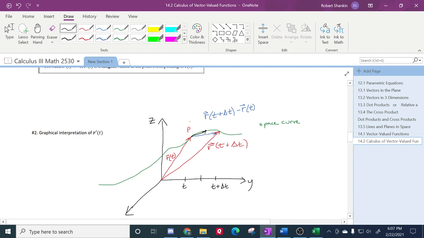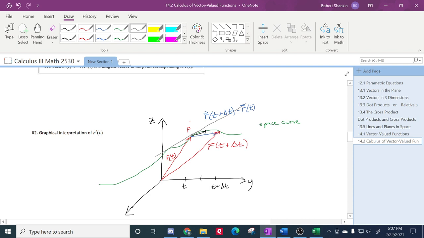But the direction of the vector is going to be changing more and more, because what we want is the vector that's exactly tangent to the curve. Here's the tangent line to the curve, right here.